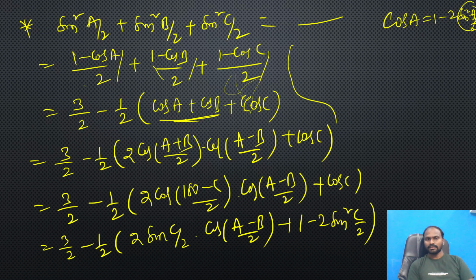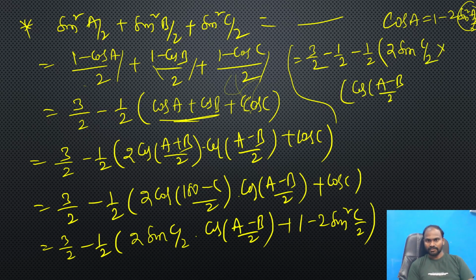So now 1 by 2 into 1 by 2, so 3 by 2 minus 1 by 2, and minus 1 by 2 of this entire thing. I can take 2 sine C by 2 common, so I will have here cos of A minus B by 2 minus sine C by 2. Sine C means 180 minus of A plus B by 2.